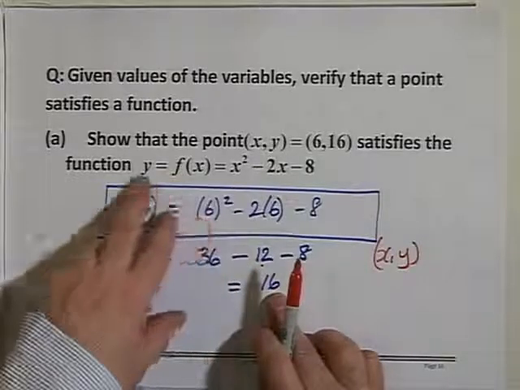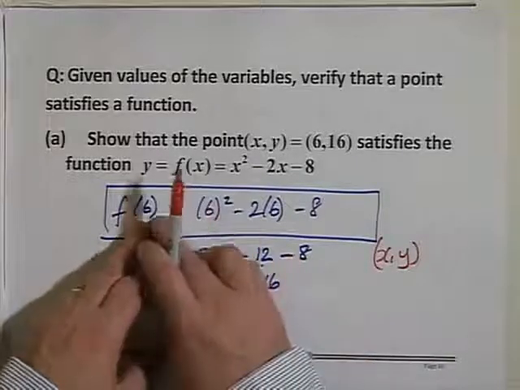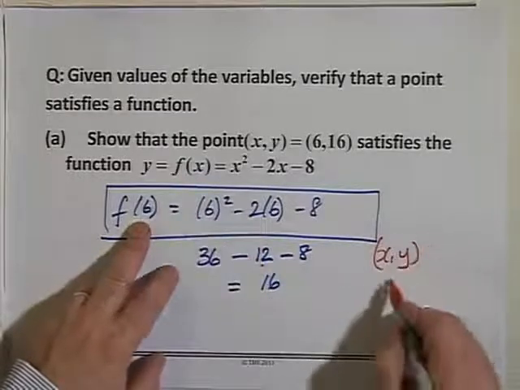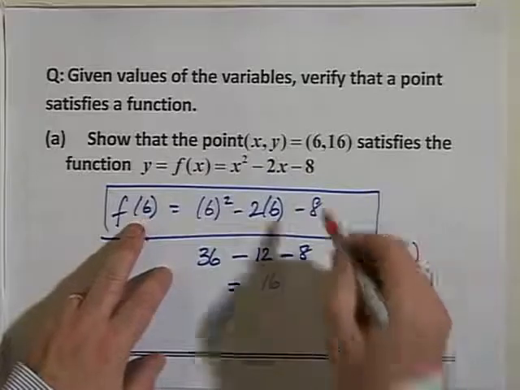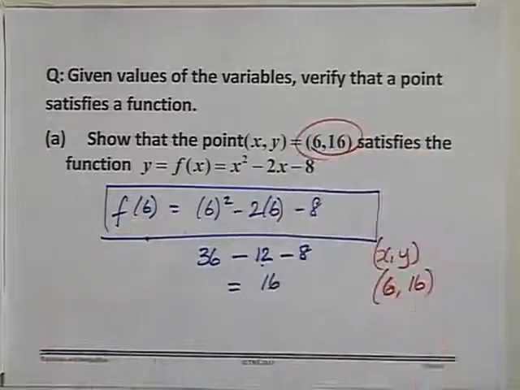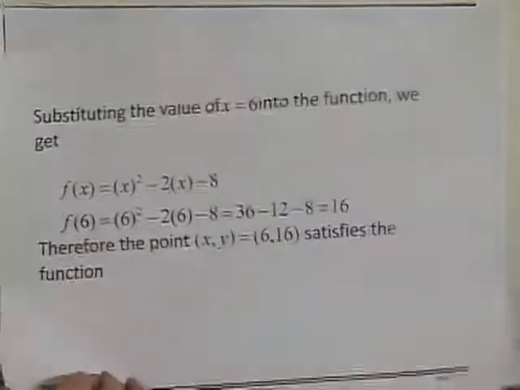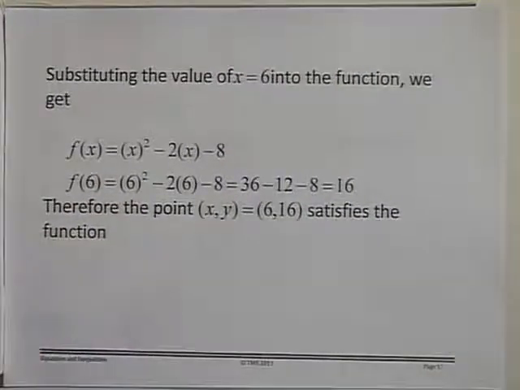The x you were told was 6, and the y here was the value you got, 16. It looks like (6, 16) is indeed on the function. It does satisfy the equation. It needn't have, but in this particular case it did.